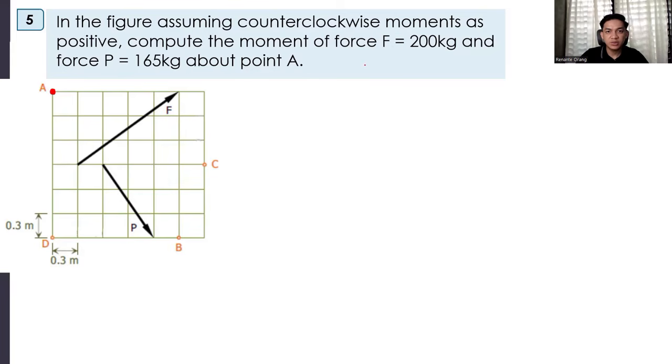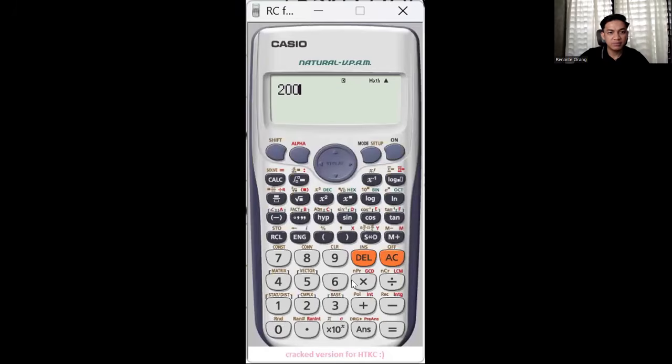So, first thing that we need to do is to convert this 200 kilograms and 165 kilograms into forces. So, F is equivalent to 200 kilograms multiplied by 9.81 meters per second squared. That is equivalent to, we have 200 multiplied by 9.81 is equivalent to 1962.